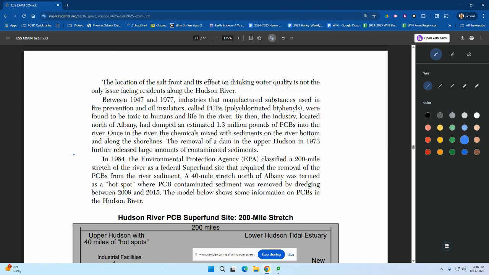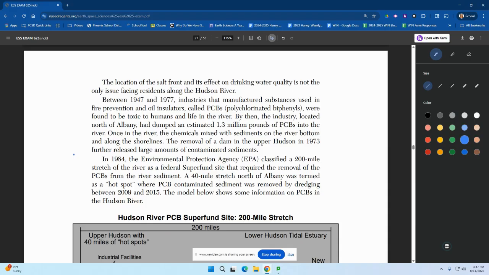By then, the industry located north of Albany had dumped an estimated 1.3 million pounds of PCBs into the river. Once in the river, the chemicals mixed with sediments in the river bottom and along the shorelines. The removal of a dam in the upper Hudson in 1973 further released large amounts of contaminated sediments.